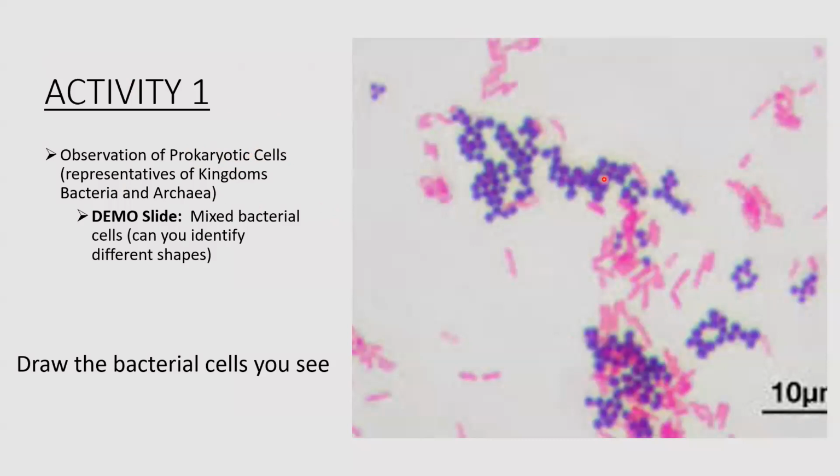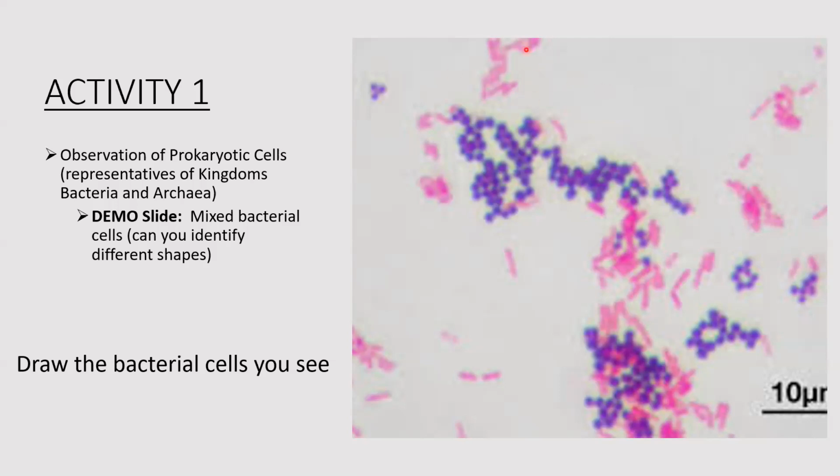So here you see an example of prokaryotic cells. These are examples of bacteria. So we're not going to go much into it here because this is not a microbiology class, but these cells were stained. It's usually with a certain type of gram stain, so it would stain gram-negative and gram-positive bacteria. And I actually think we do talk about this further down the line.